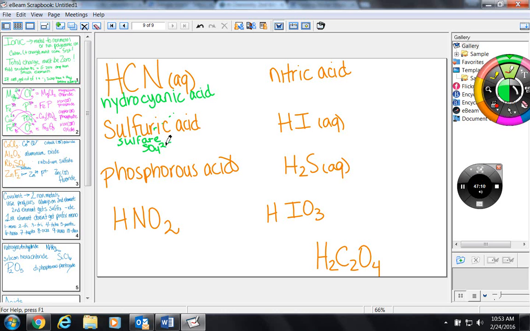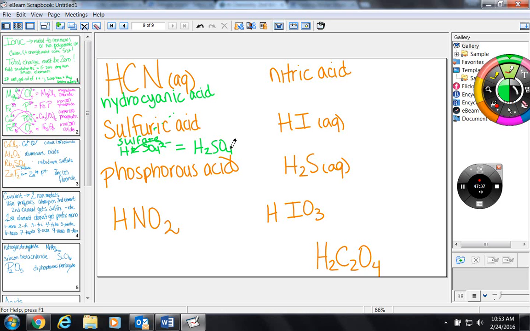I need to hook it to an H plus. H plus and 2 minus doesn't add up to zero, so I treat it like an ionic compound, which means the 2 comes over here. So it's H2SO4.